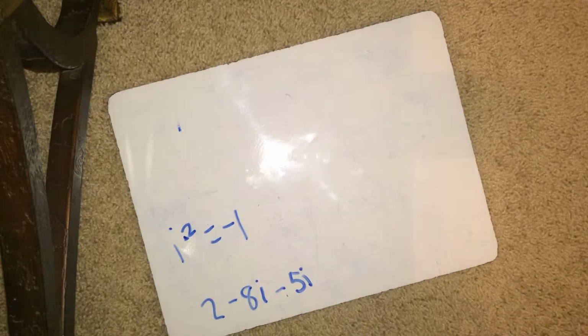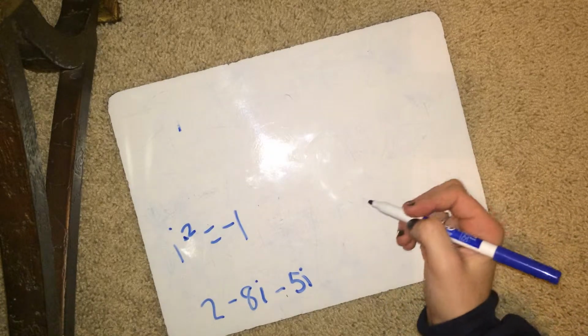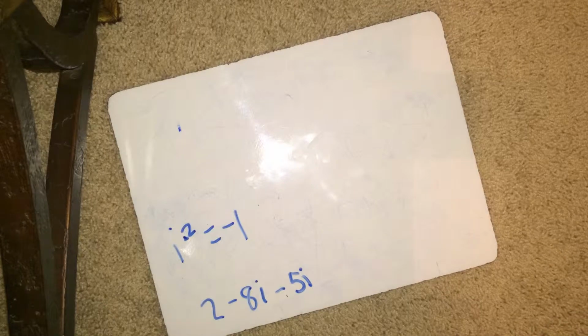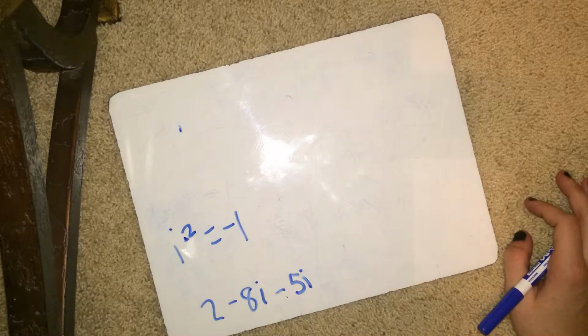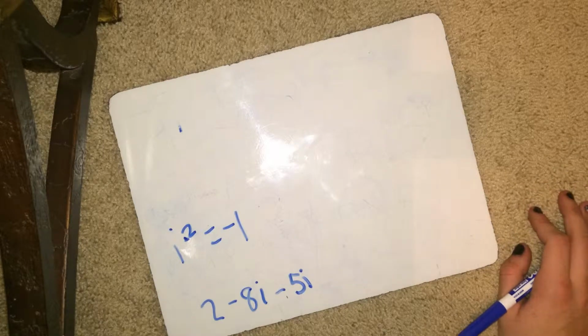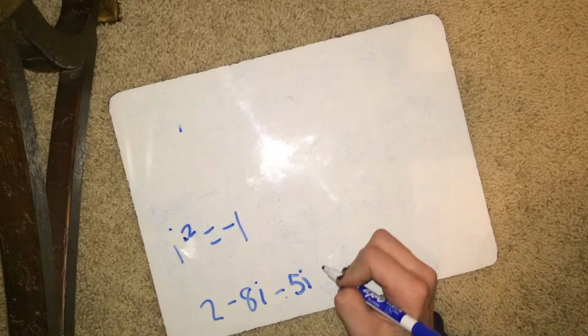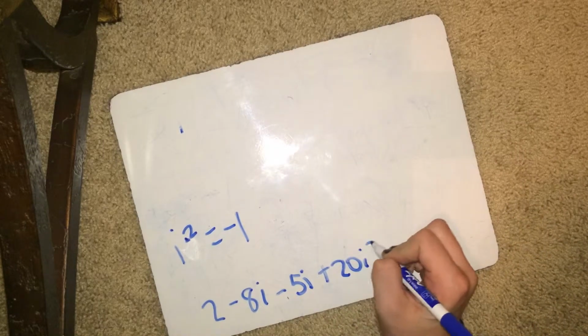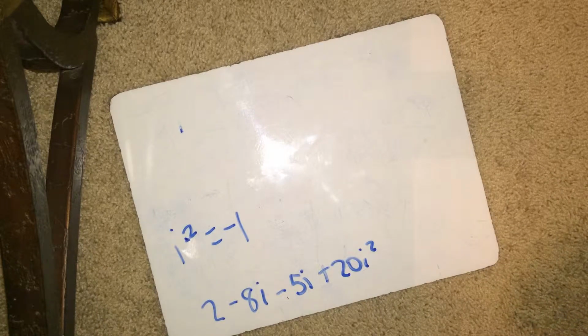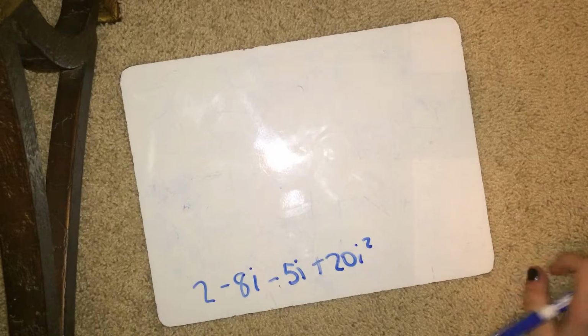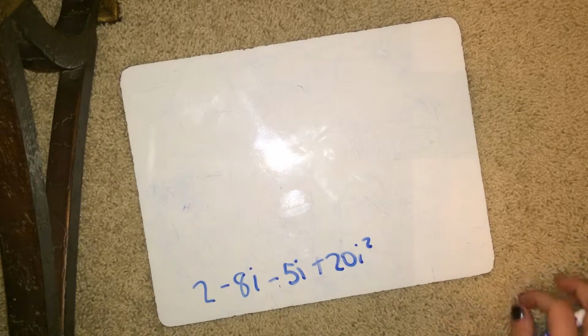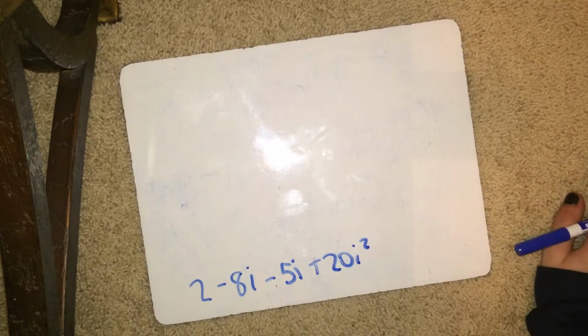So knowing that the last value was 20i squared, sorry, I erased it. Knowing that, you're going to combine all of these now. So you're going to combine the like terms because you are using addition and subtraction signs.